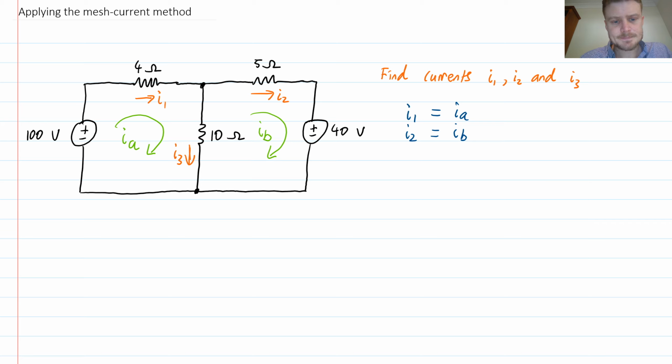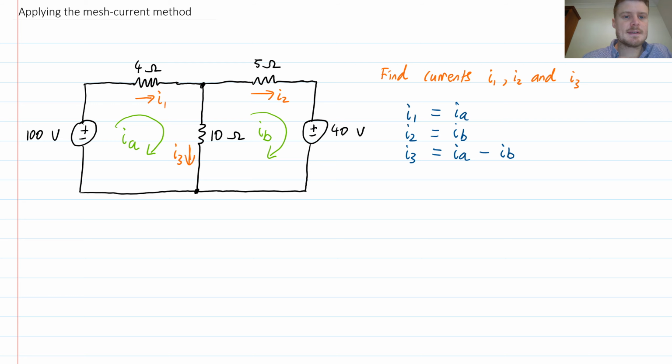But when it comes to I3, if I look at this branch, I see that there are two mesh currents flowing through it. So I get a combination of both, right? There's a contribution due to IA and there's a contribution due to IB. Looking at the direction of the arrows, I will have a positive contribution from IA and a negative contribution from IB.